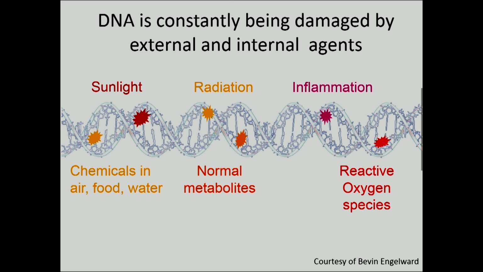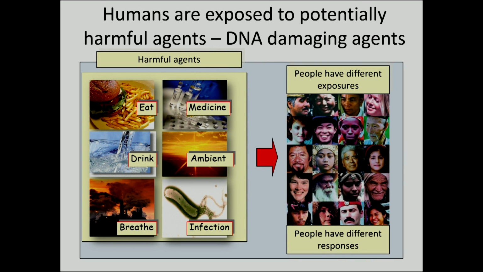And so we're constantly exposed to DNA damaging agents in our environment, not just from the things we eat, drink, and breathe, but also from our ambient environment and in the clinic. Chemotherapy agents, for instance, are potent DNA damaging agents. And in the situation of an infection, one gets an inflammatory response that creates chemicals that can damage DNA.